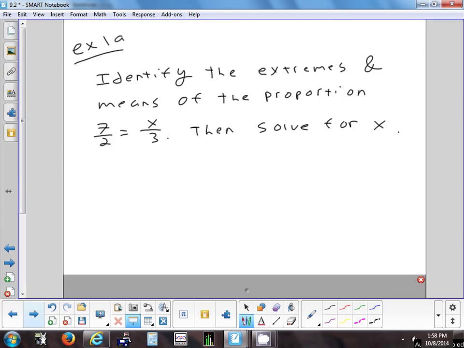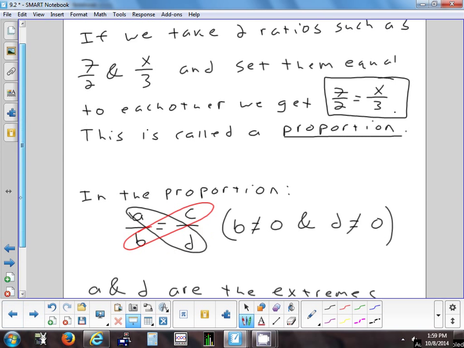We just did this. Let's write it down: means, extremes. What did we say the means were here? In this example, example 1A, 7 and 3. No, 7 and 3 are the extremes.